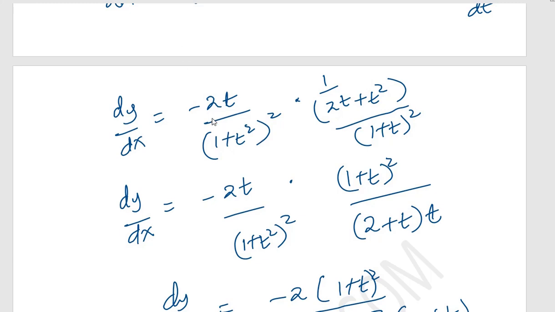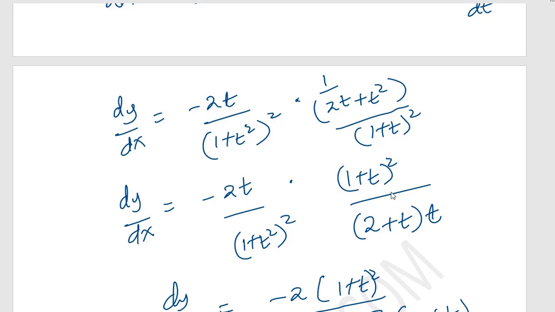We can substitute in. It will be minus 2t divided by 1 plus t squared, to the power 2, times the inverse of dx/dt, which will be 1 over dx/dt, and it will be 1 divided by 2t plus t squared over 1 plus t, everything squared.